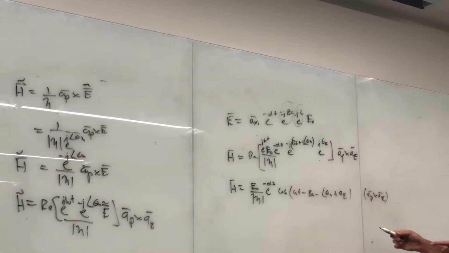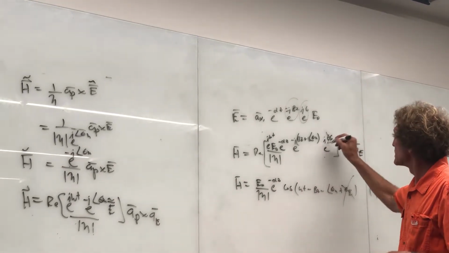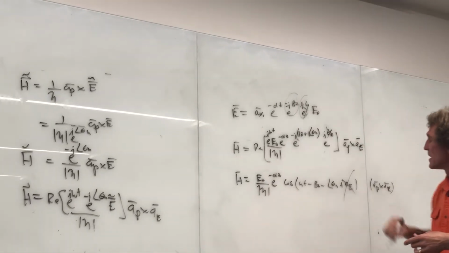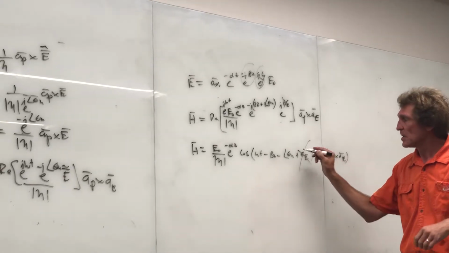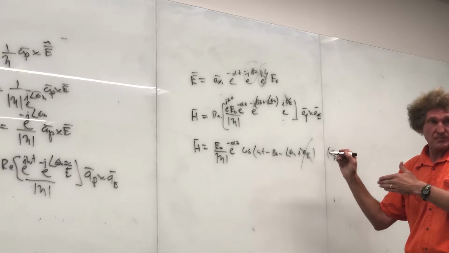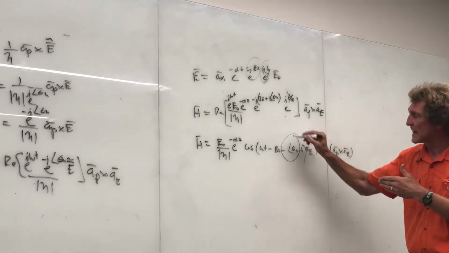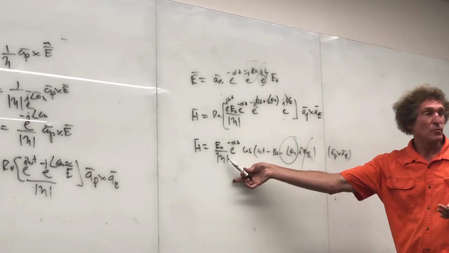Now, let's assume there is no initial phase on that E field. Let's get rid of that phase, so assume it's zero. Then the phase difference between E and H, if the E field has zero phase, follow me on that? It's got no phase shift. Then the H field will always be lagging behind it by the phase angle associated with eta.